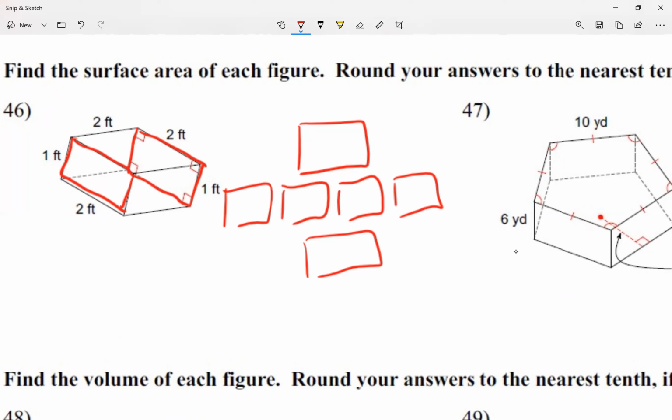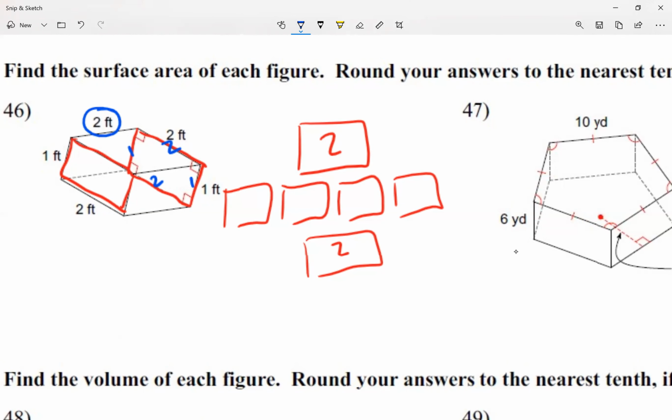The base, we said, is a 2 by 1 rectangle. Each of them is 2 times 1. For the rectangles, I need to know the 4 measurements of my base: 2, 1, 2, 1. I'm going to multiply each of them by the height, the number that has nothing to do with the base.